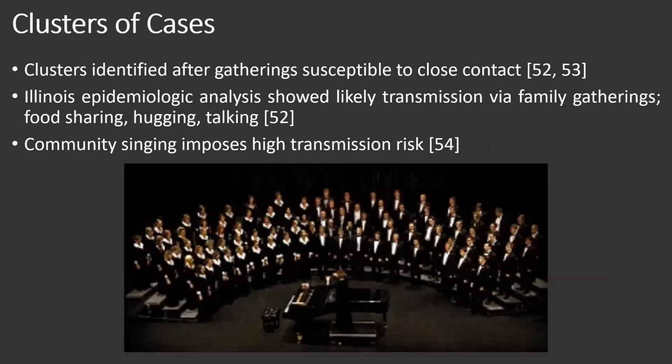So these clusters of cases have also been described after family events or social gatherings where close personal contact can occur. So just to share an example, the epidemiological analysis of a cluster of cases in the state of Illinois displayed likely transmission via 2 family gatherings at which food and embraces were shared, and they had extended proximal verbal conversations with symptomatic individuals who were later indicated to be afflicted with COVID-19.